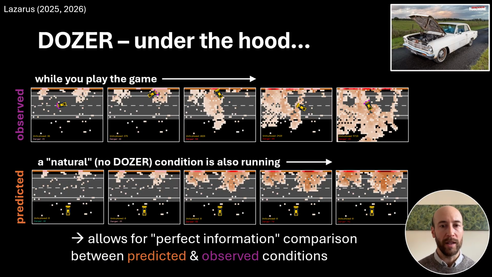Under the hood of this model, while you play the game, which is the sequence up at the top, there is also a dummy condition that you never see. It is a natural condition, what's happening in the absence of any bulldozer intervention at all. This allows for a perfect information comparison between predicted and observed conditions, which is really impossible in a natural setting.